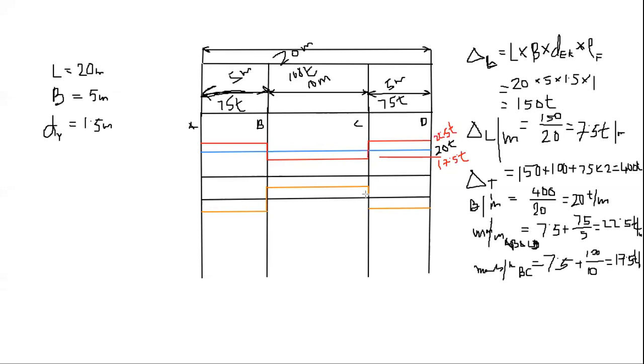That is the load diagram. This is plus 2.5 tons and this is minus 2.5. So now we have constructed the load curve. This brown color is the load curve. So this is the load diagram.